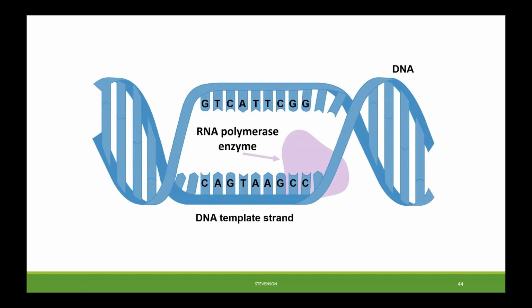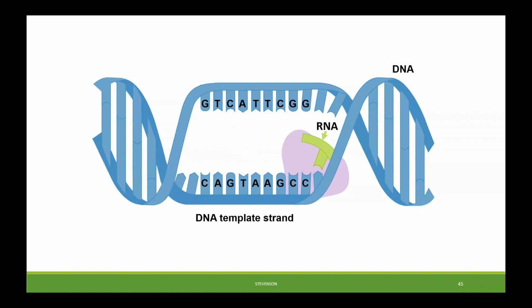So RNA polymerase is shown here in purple, and this enzyme has to separate the DNA strands because it needs to be able to read the letters. So it will identify the gene that needs to be transcribed, and then it will separate the strands, and then it will choose just one of the strands to serve as the template from which the copy is made. And it'll start building an RNA molecule that matches the DNA molecule.